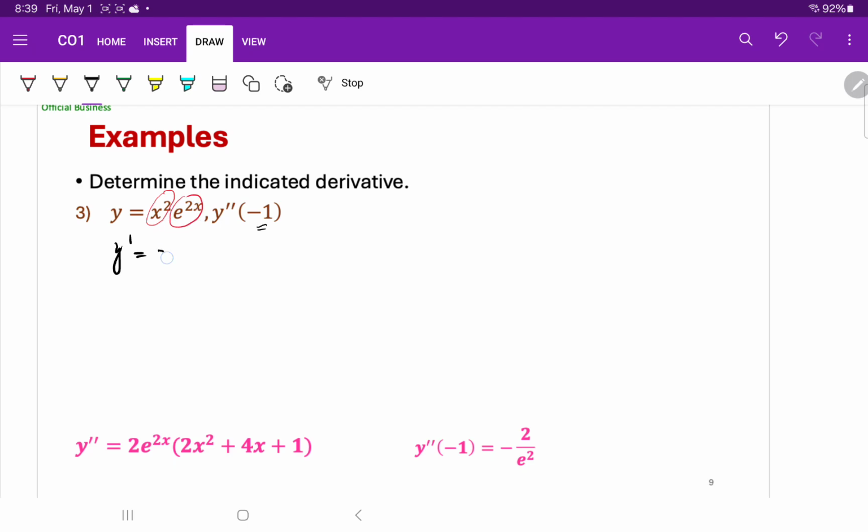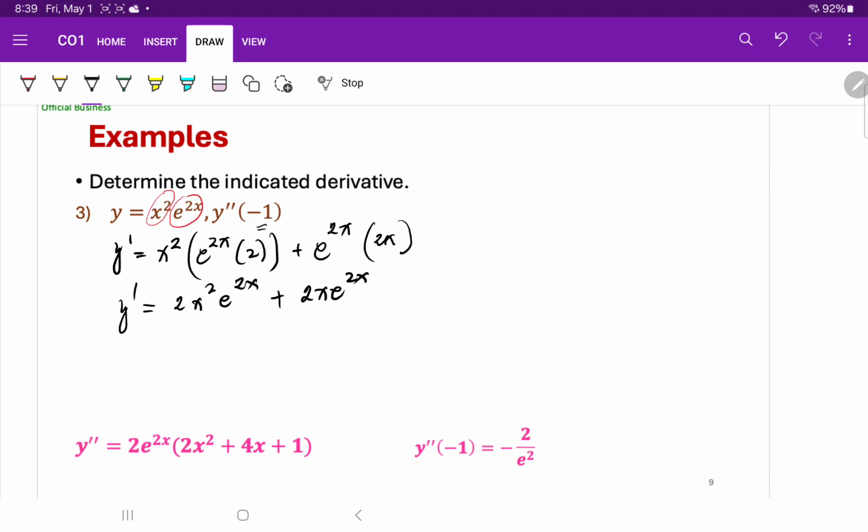So we copy the first, x squared, times the derivative of e to the 2x, which is e to the 2x times 2. Plus copy the second term, e to the 2x, times the derivative of x squared, which is 2x. And then we simplify. So we get 2x squared e to the 2x plus 2x e to the 2x.